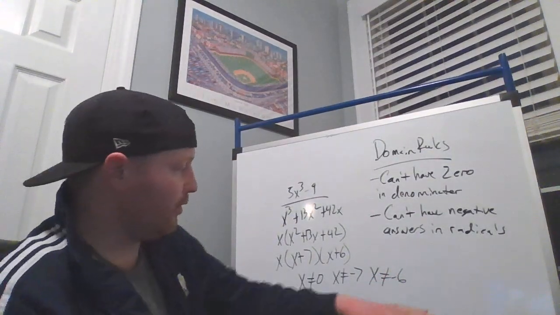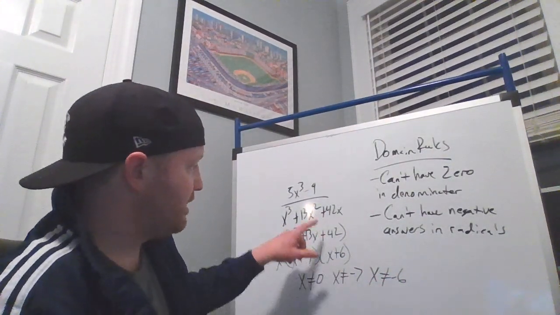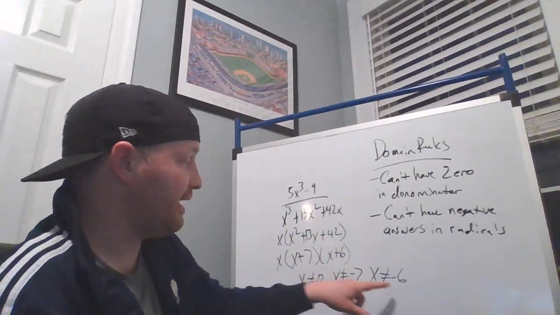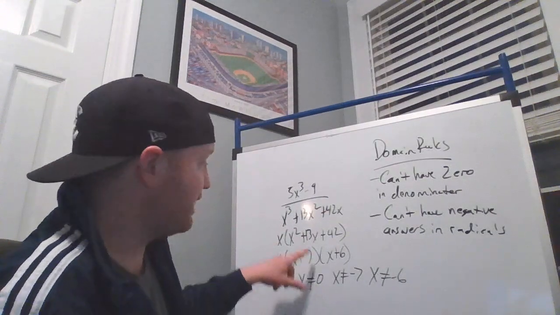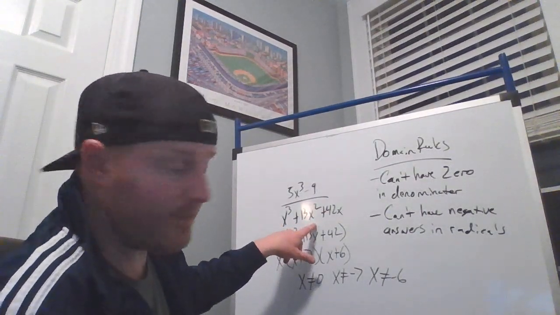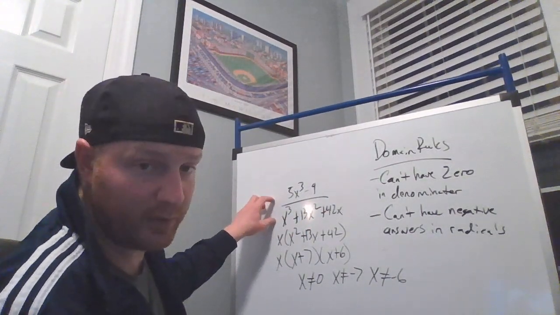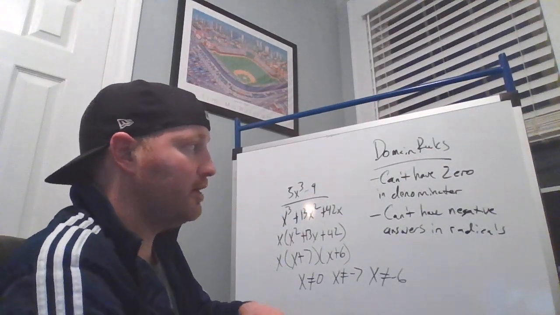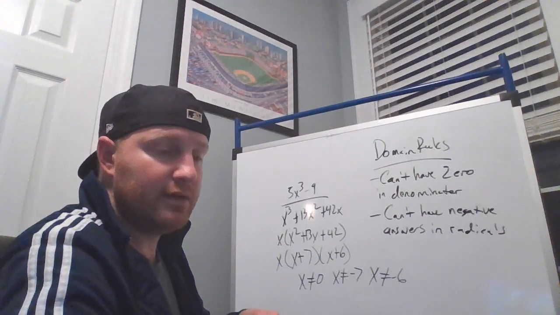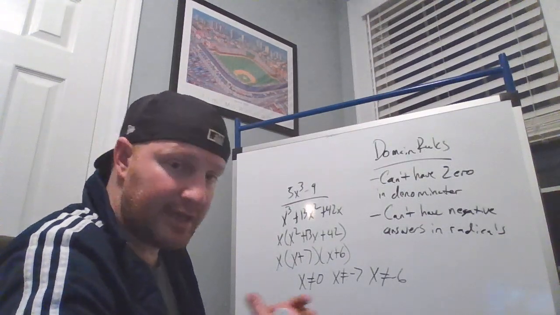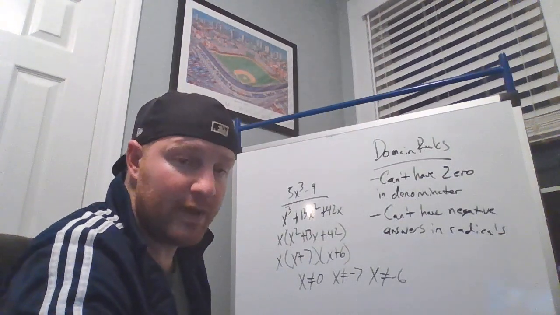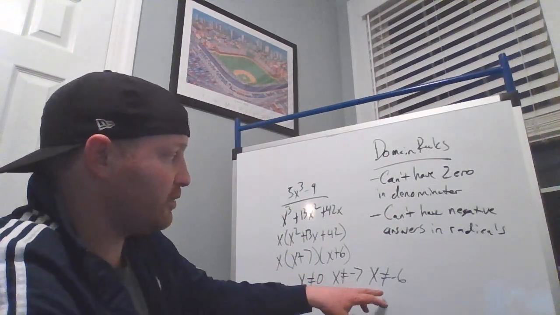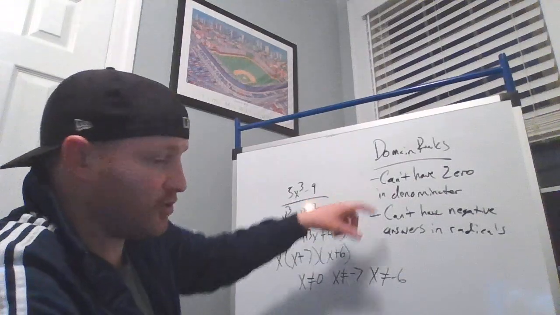Okay? So these are the three numbers this function cannot be for the domain, because if you input any one of these numbers, that makes this bottom 0, and that makes this fraction impossible to complete an answer. Just so you know, you're looking for what the x cannot be to know what your domain actually is. All real numbers except these three numbers.